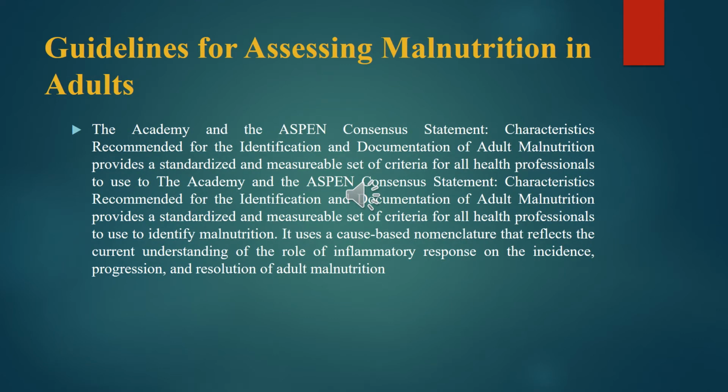Guidelines for assessing malnutrition in adults. When we are assessing malnutrition in adults, it is defined as malnutrition syndromes that are dependent upon the patient settings, acute illness, surgery, chronic diseases, environmental, social circumstances, or the presence or degree of inflammation.